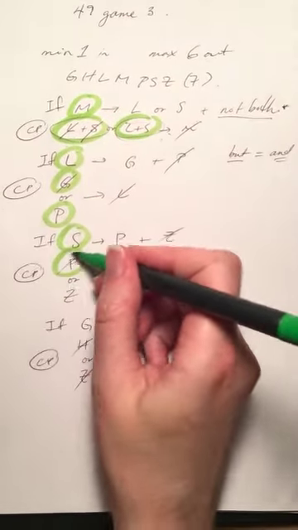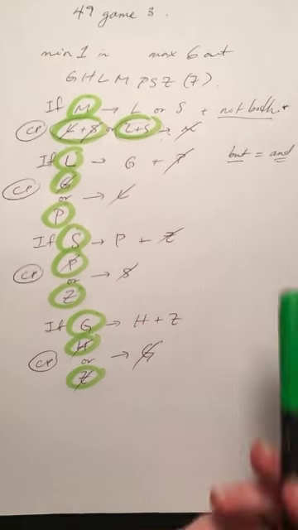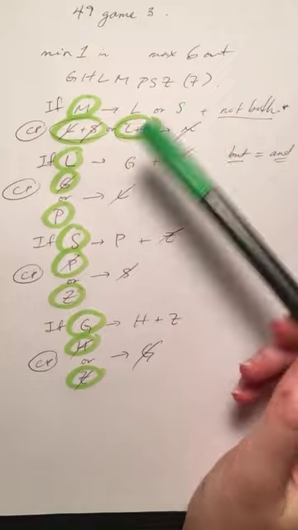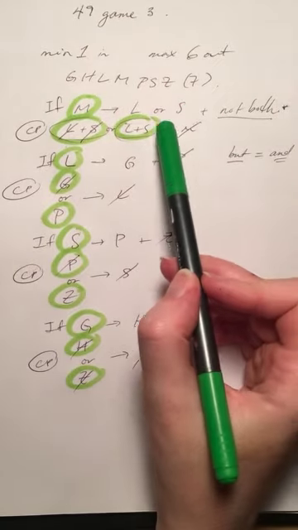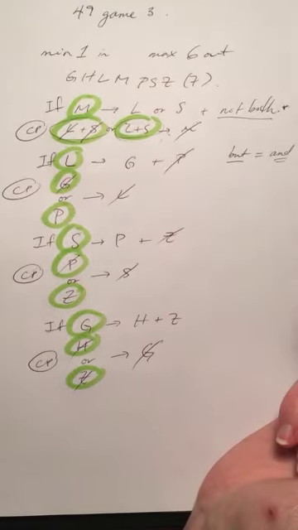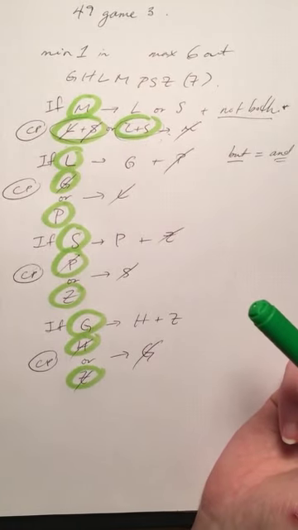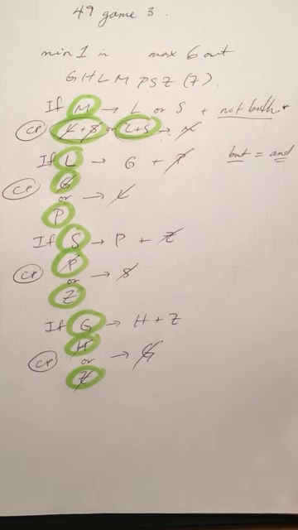So each of these things are potential triggers. If that occurs, then I can go to the arrow and go to the consequence and infer that the consequence is true. Okay, so let's start with 14.